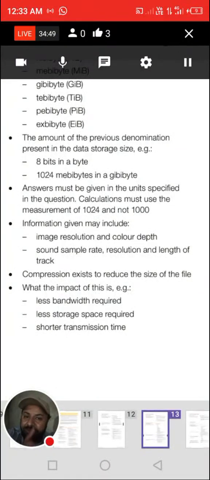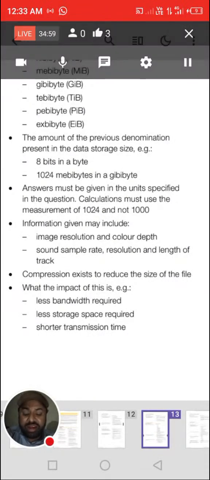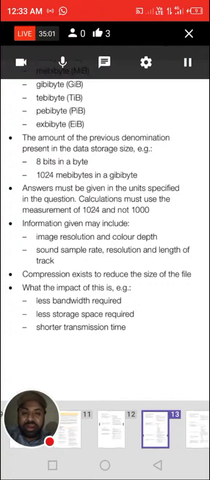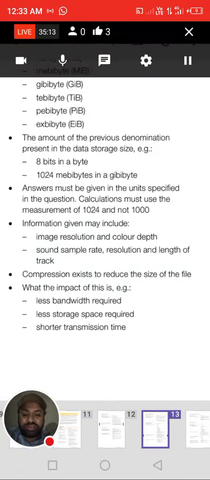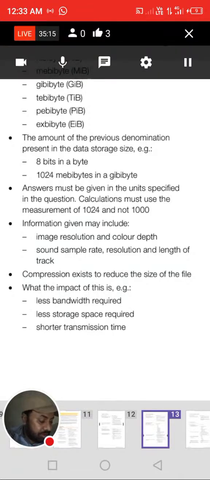There are lots of apps available, and you can reduce its size. If one file is taking 1 gigabyte, after compression it may take 100 megabytes. This is a basic concept to reduce the size of an image or video. Less bandwidth is required, because when sending a file from one computer to another through communication, it needs bandwidth.